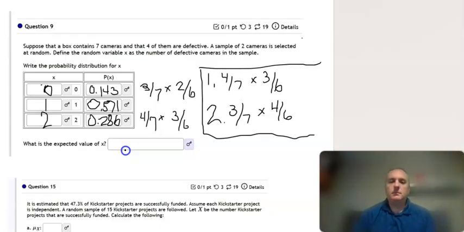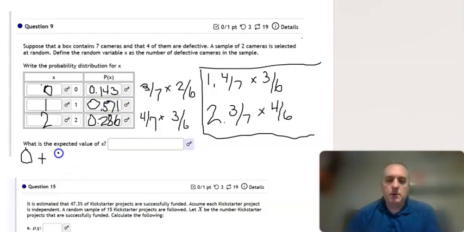So the way we come up with the expected value of a probability distribution is we just multiply the rows together, the x times the p of x, and then add up all those results. So 0 times 0.143 is just 0.